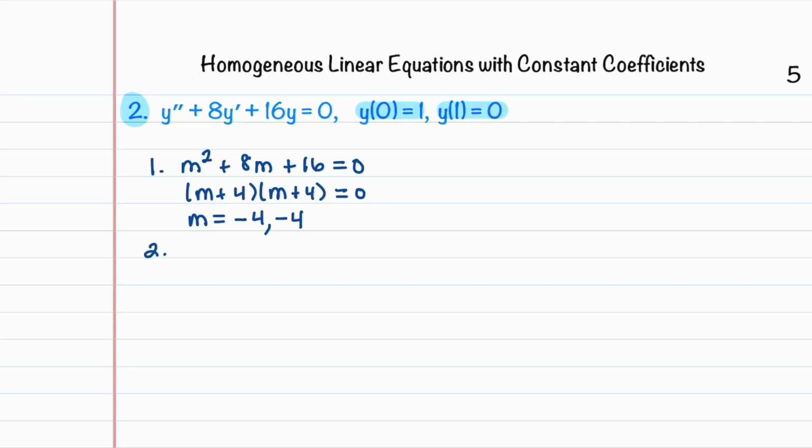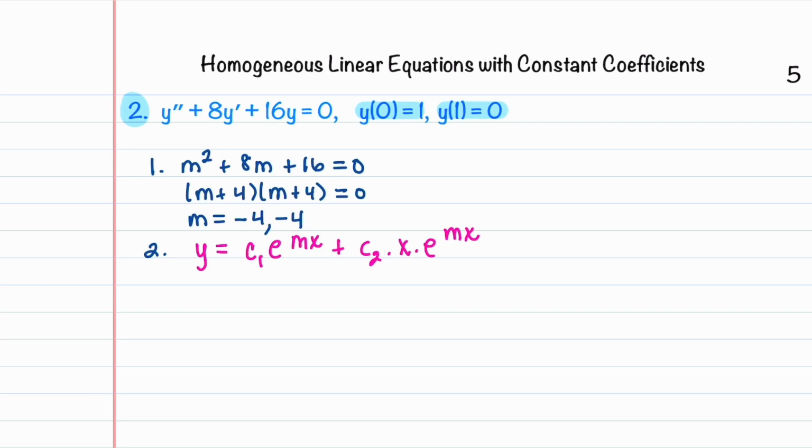Our second step is to write down the solution based on the fact that we have 2 repeated roots. Our solution is y is equal to c1e to the mx plus c2 times x e to the mx. You just multiply by x when you have a repeated root.